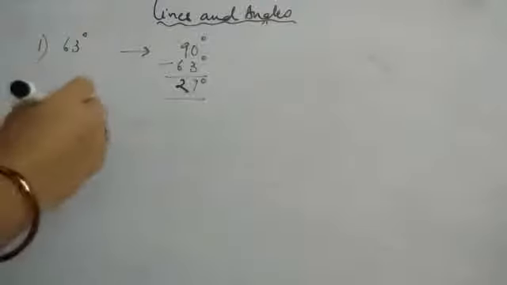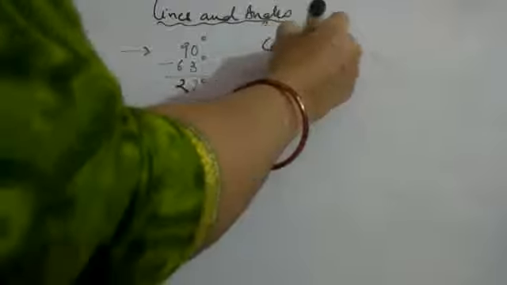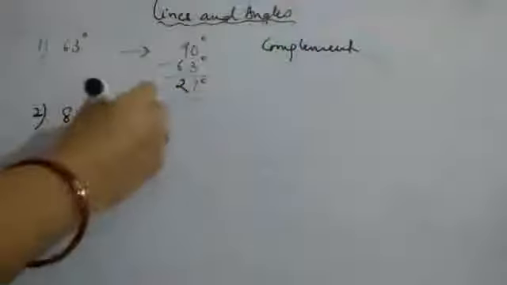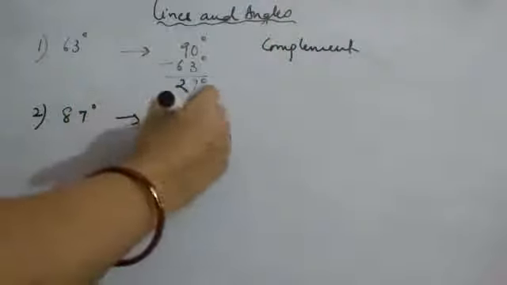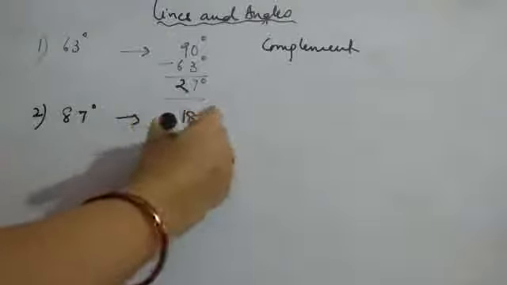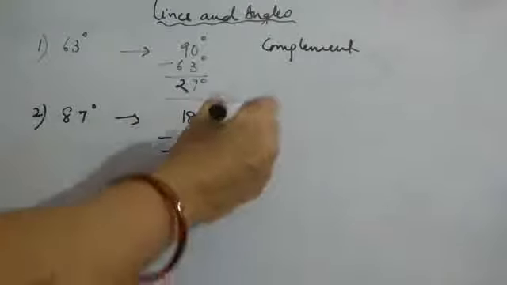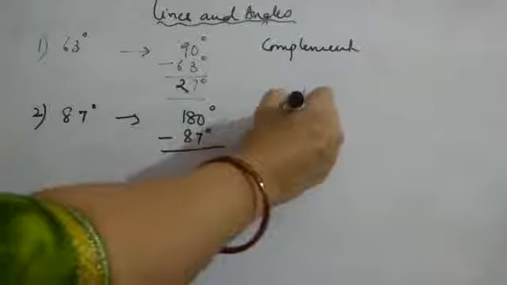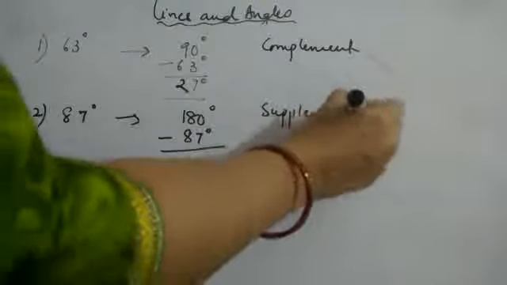Okay. Then another example is, you have to find the supplement of 87 degrees. This was the complement and you have to find the supplement of 87 degrees. So 180 minus 87, because the sum of supplementary angles is 180 degrees.